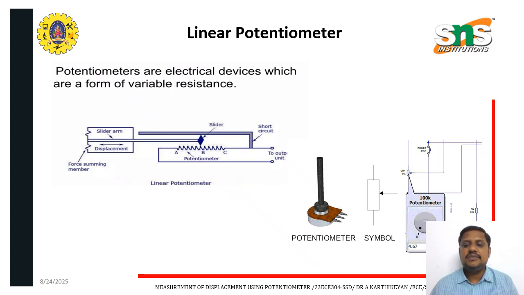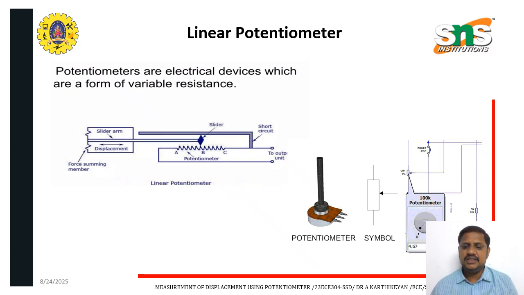Here we have the symbol of the potentiometer. When we change the value clockwise and anti-clockwise, the resistive value varies automatically. Here we have the symbol of resistance, and we apply an external voltage. Suppose we have 28.3 volts and a 100 kilo ohm resistance value.